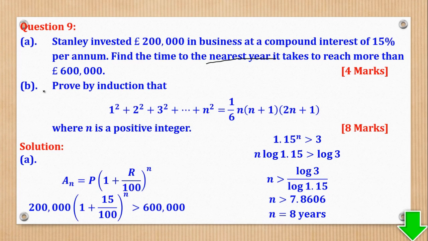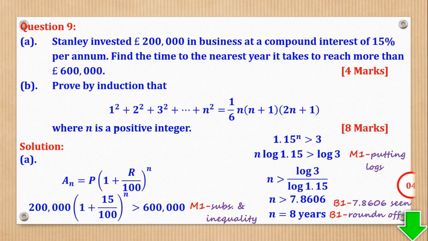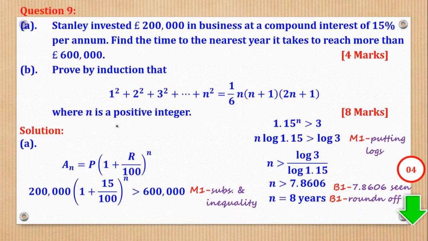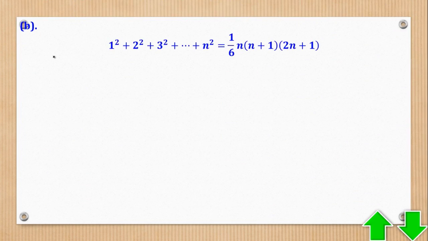That was part A. Part B says, prove by induction that this is equal to this where n is a positive integer. So before we do that, this is how the marks will be allocated for part A. So for part B, we are going to first state the series, and then we test for n equal to 1 and n equal to 2.